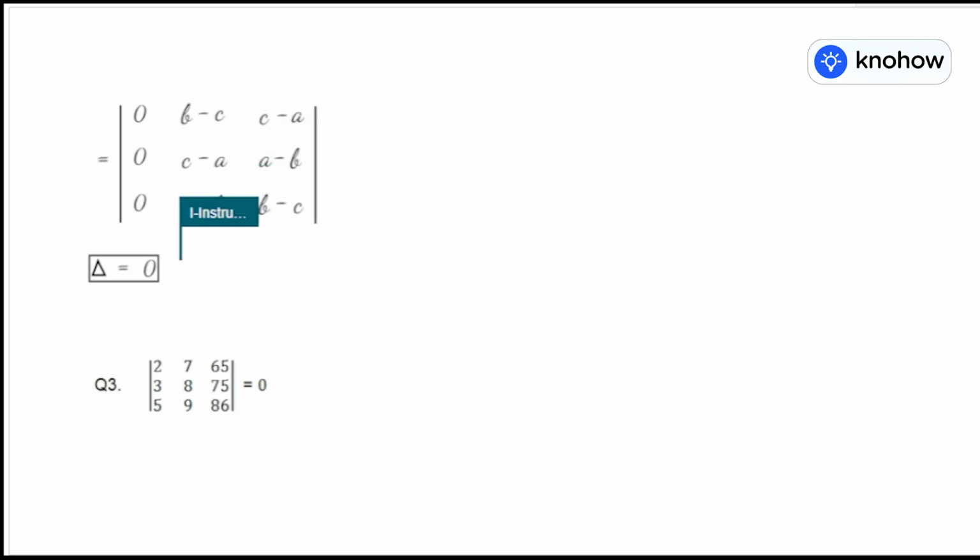Why? Because all the elements of C1 are 0. If we start expanding with respect to column 1, it will be 0 times, 0 times, 0 times. That's why the value of determinant will be 0. We can say it without expanding.